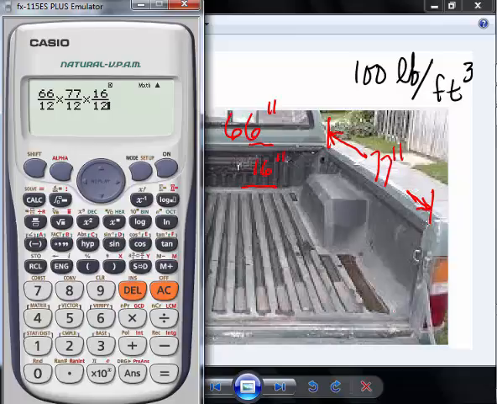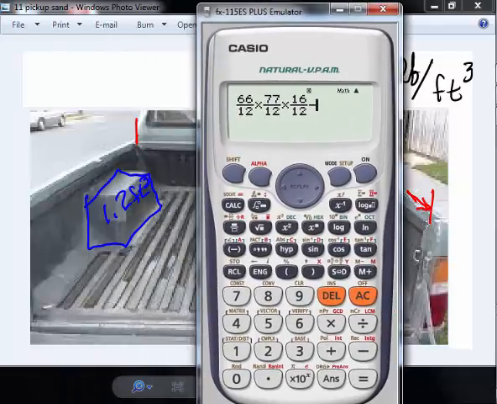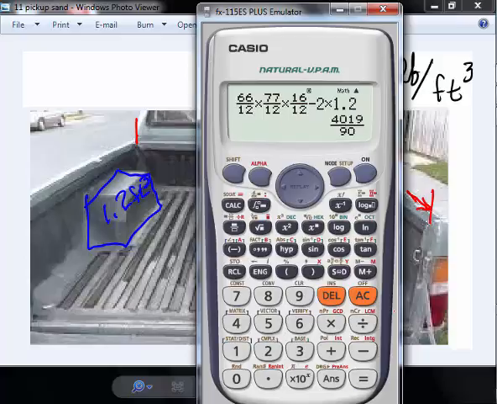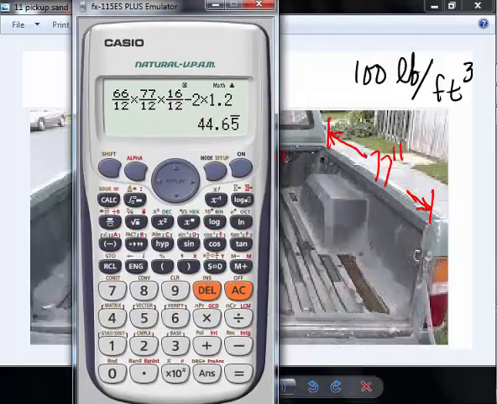So that's the volume in cubic feet. And then we're going to subtract 2 wheel wells, 2 times 1.2 cubic feet, and we get 44.65 cubic feet.